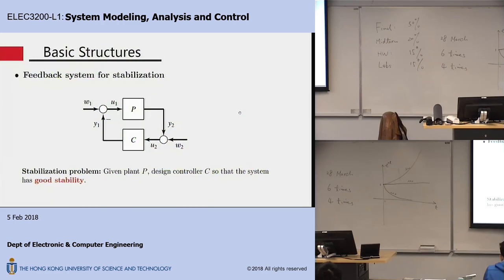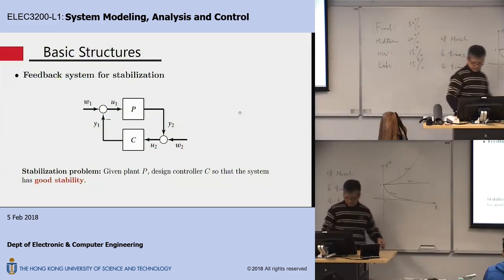Also, the disturbance comes from input and output instead of going inside. We don't want to worry about this multivariable stuff. So we just say potentially you have an input disturbance and an output disturbance coming in, and you want this system to work properly. Okay.